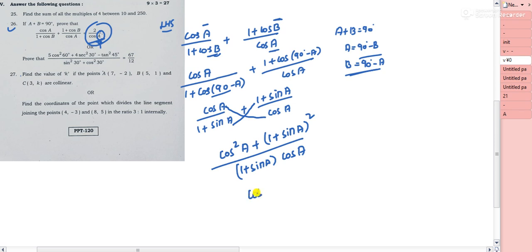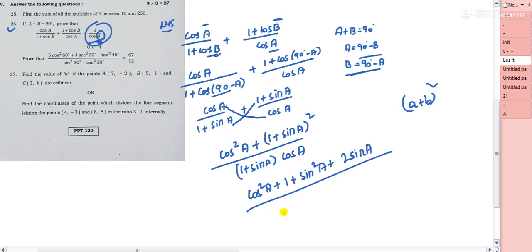It will become cos square A plus, use the A plus B whole square identity. So you'll get A square plus B square plus 2AB, right? 2 into sine A into 1, divided by the denominator, as it is, 1 plus sine A into cos A, correct?